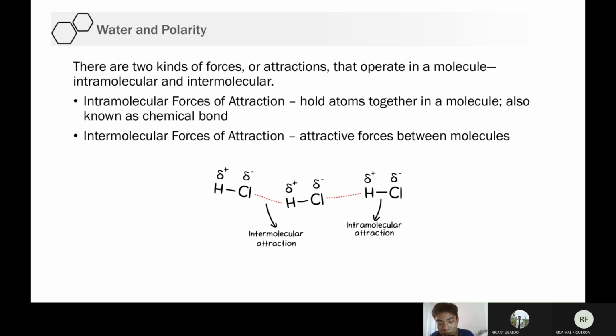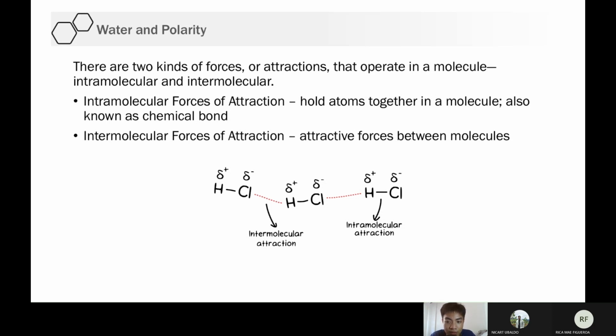Let's differentiate the two. When we say intramolecular, intra, that means within the molecule. Kaya nga intramuros, within the wall. Intra, within, muros, wall. So pag sinabing intramolecular, yan ay within the molecule, yung forces of attraction. So that means intramolecular forces of attraction are the forces of attraction that hold the atoms together to form a molecule.